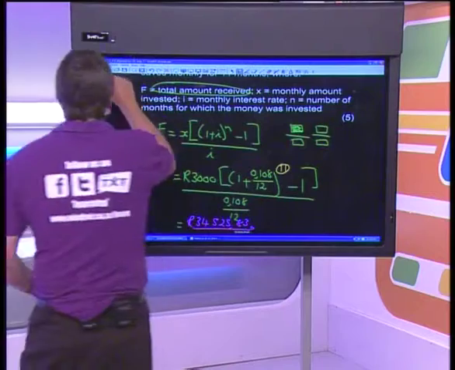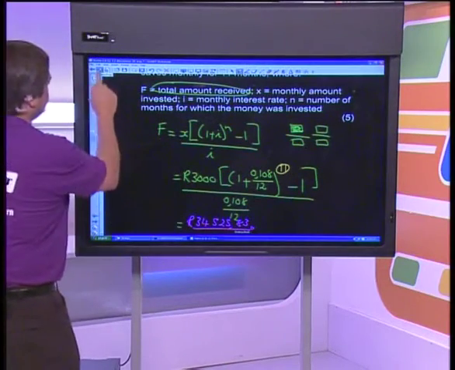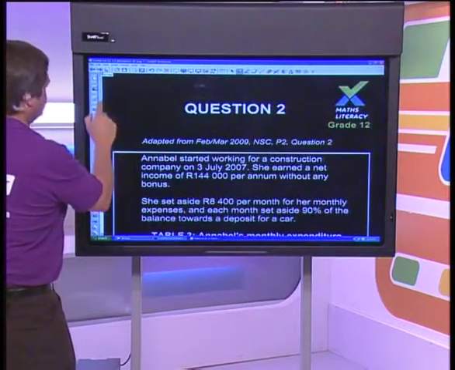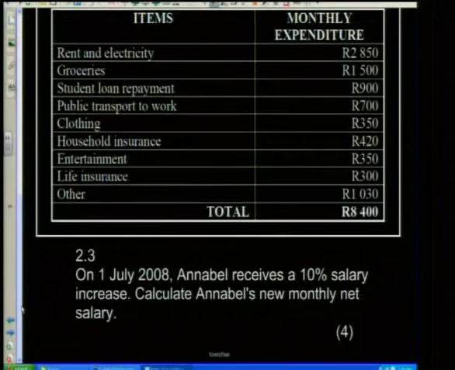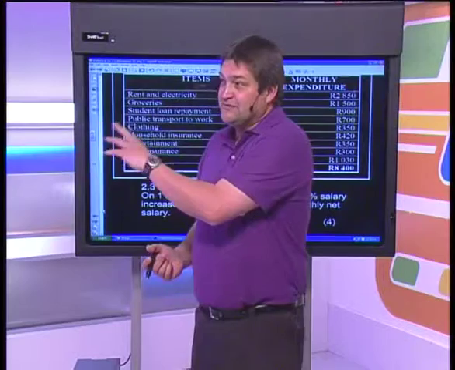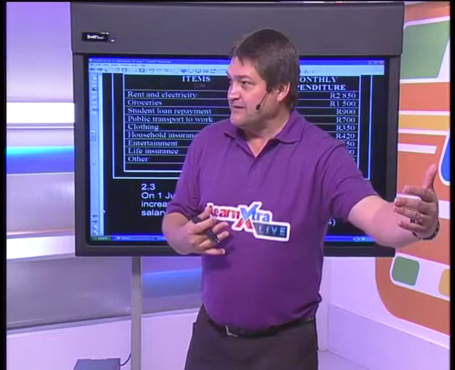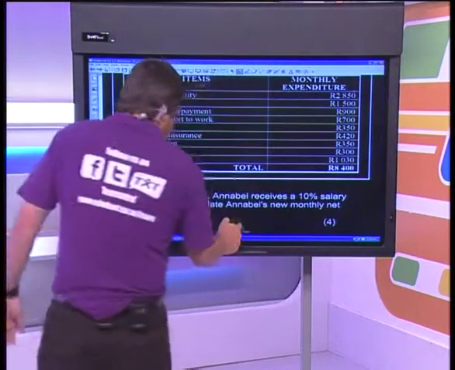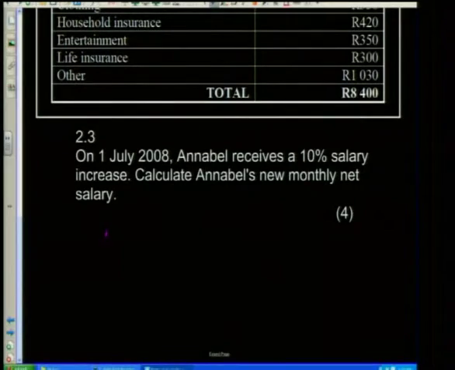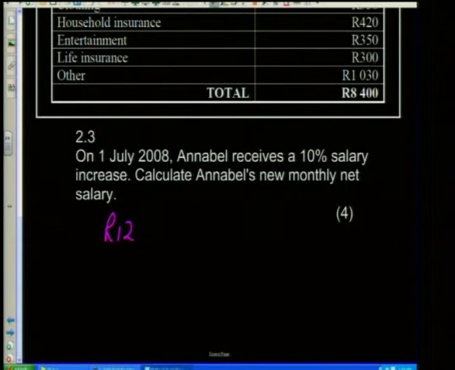Right, let's move on. My next question. Here we go. Right, now, on the 1st of July 2008, Annabelle receives a 10% salary increase. Calculate her new monthly net salary. This is just like the question we did earlier where we're going to increase our amount of money. Okay, so Annabelle now has 12,000 rand that she's getting every single month.